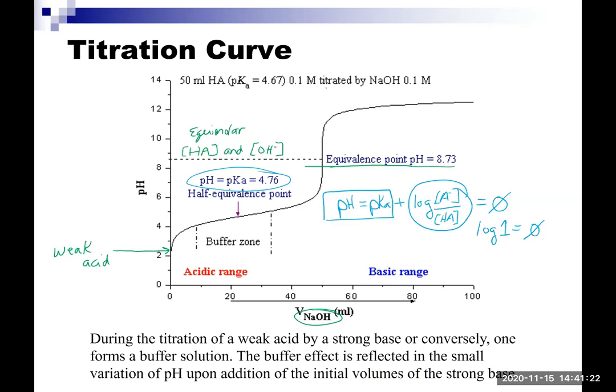At 1/2 the equivalence point, then, if the pH is equal to the pKa, our conjugate acid-base pair have to have equimolar amounts at that place.